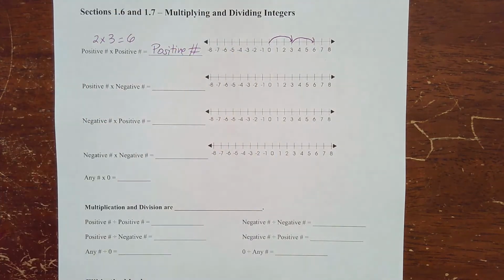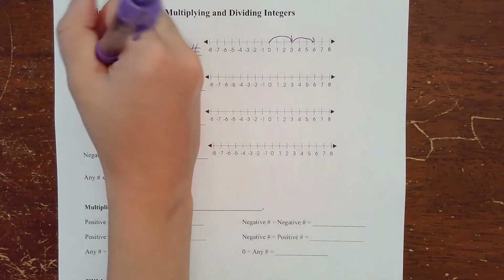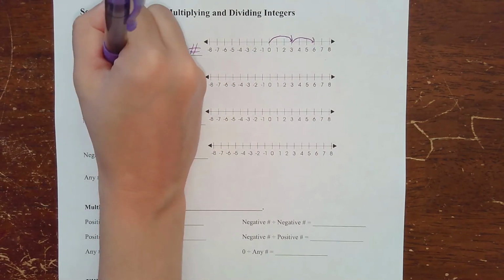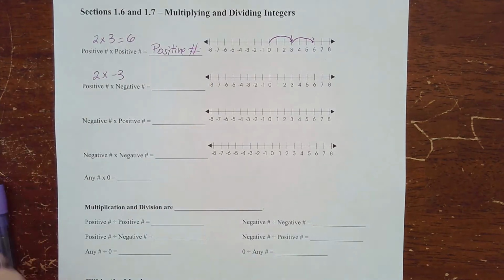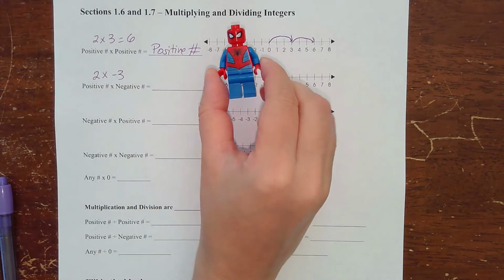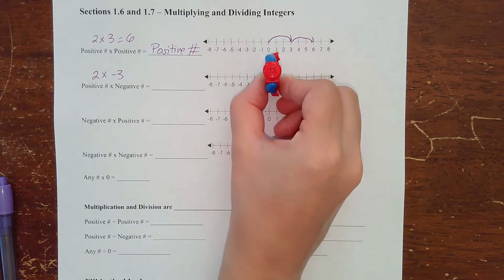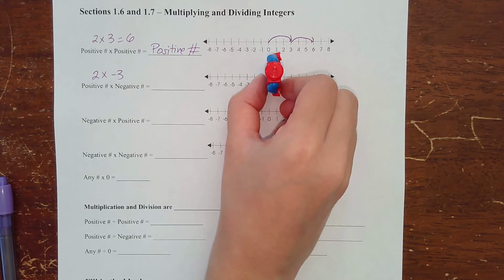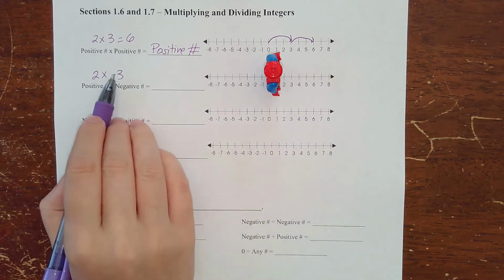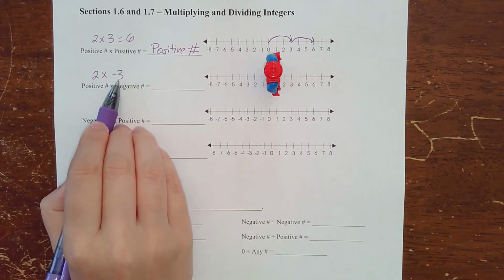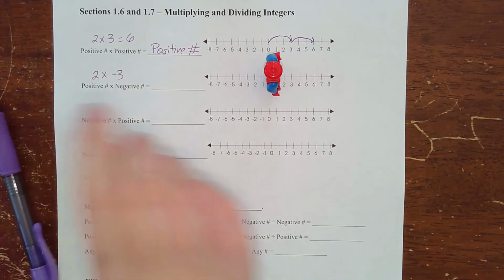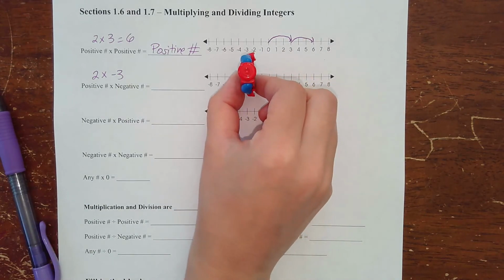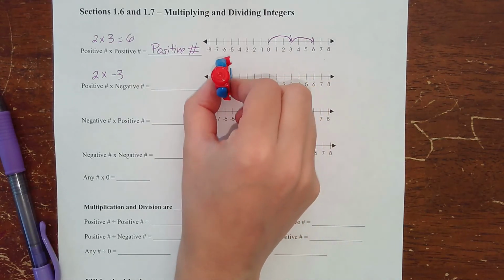Alright, what happens if we have a positive times a negative? So this would be like 2 times negative 3. So our friend Spider-Man is again going to start at 0. And he's going to face the positive direction yet again. But this time, each of our steps is negative 3, which means that he's going to hop backwards to negative 3, and then hop backwards 3 more.